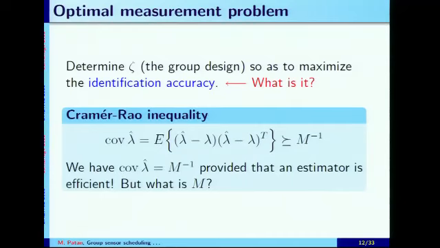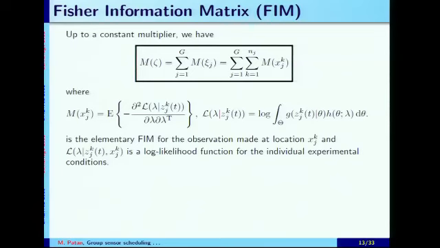Based on the Cramer-Rao inequality, we can quantify the accuracy of the parameters using the Fisher information matrix. Owing to this strong assumption of independent observations, we have this property of additivity of the information matrices from individual spatial locations.